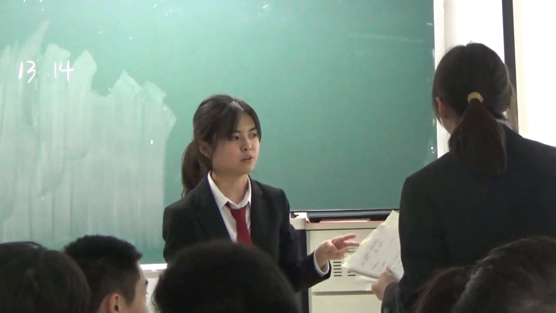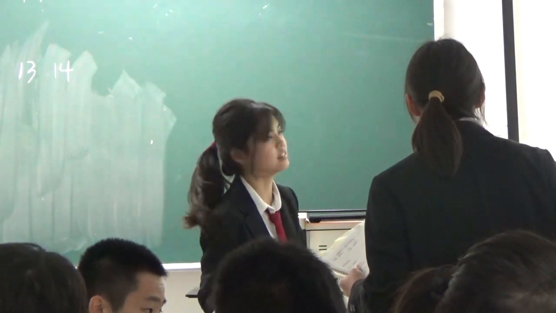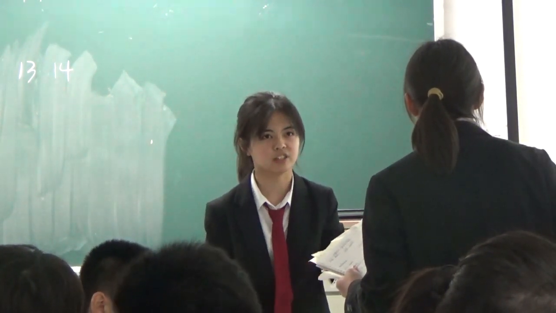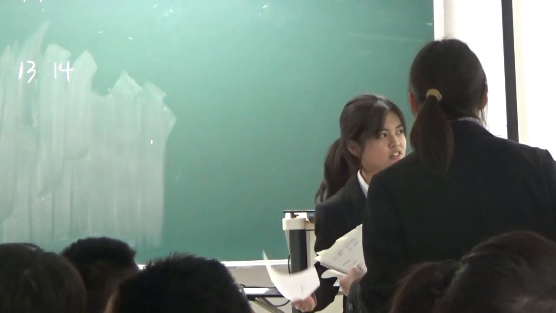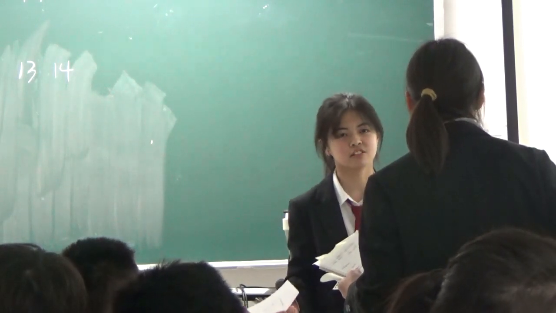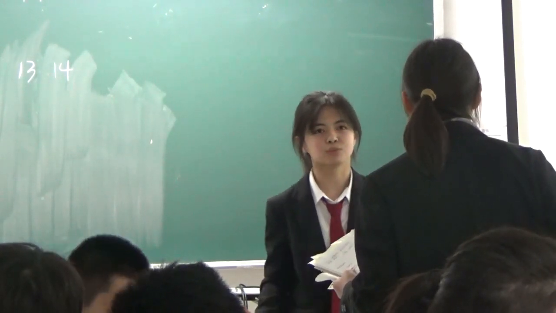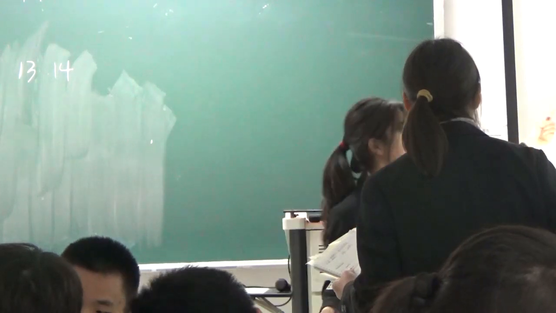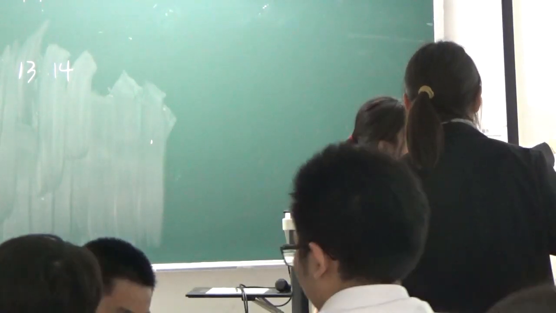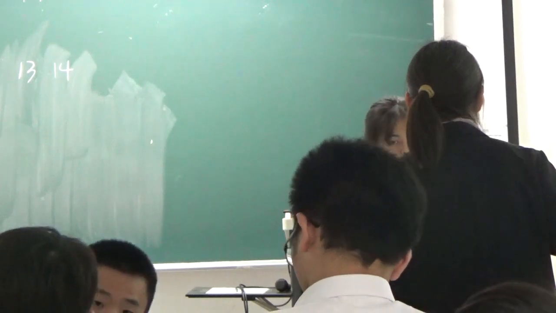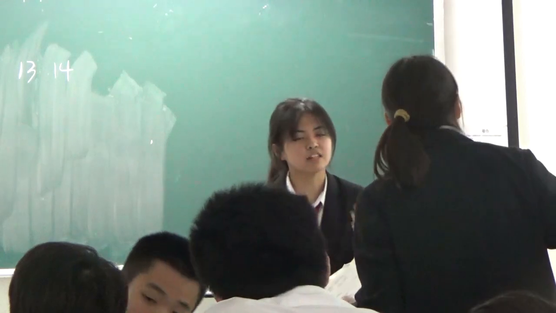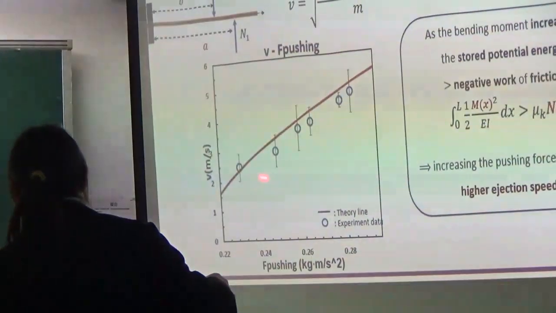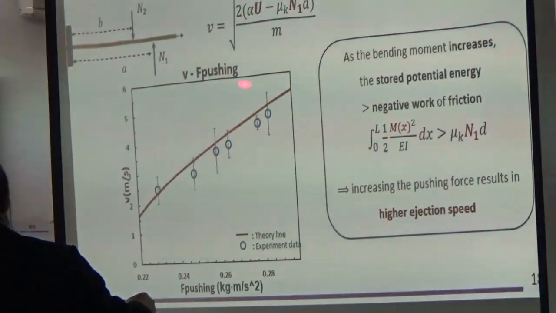That is the ideal pushing force, like when we push inside the tube, but the deviations might be caused by other things like friction, or energy loss that we cannot consider. So this is the ideal. This one, the red one. The red line is the ideal theory line. We put the pushing force inside the formula, and we get this line.